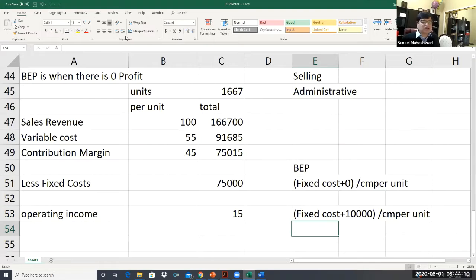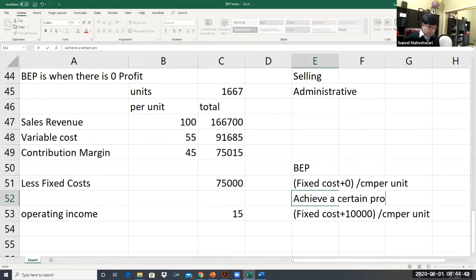If you understand it conceptually, to make $10,000 you add that to the fixed cost and divide by the contribution margin per unit. Anything after covering the variable cost, the entire contribution margin increases your operating income. So to achieve a certain profit, that's what we do.